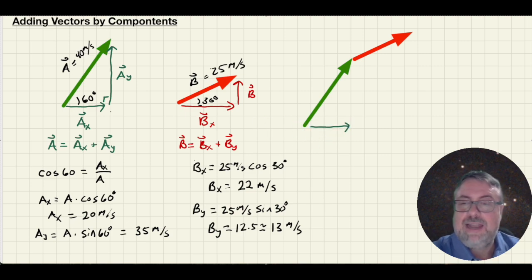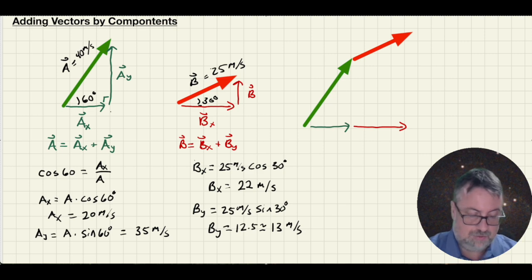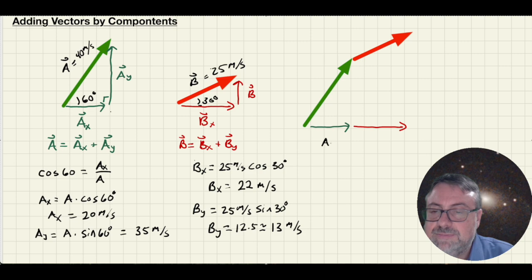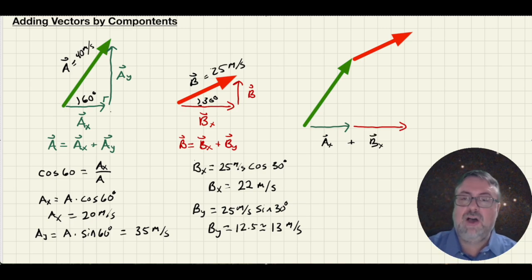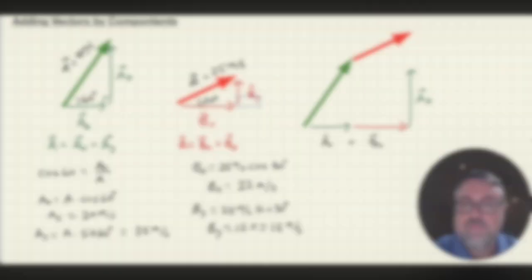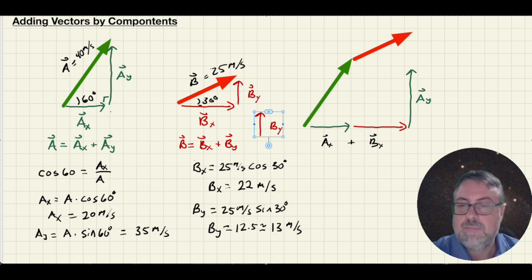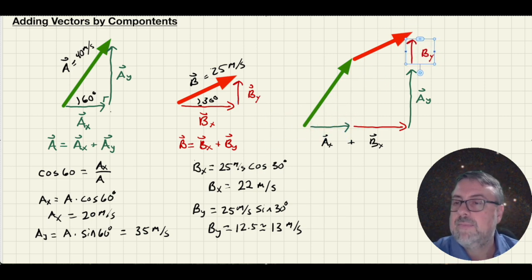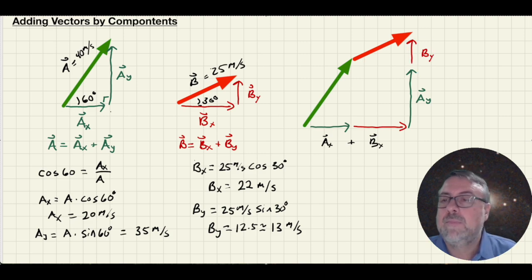So here I'm going to first add the x vectors together. So notice here I have now added vectors Ax plus Bx. And now let's add these y vectors in. So take a look.